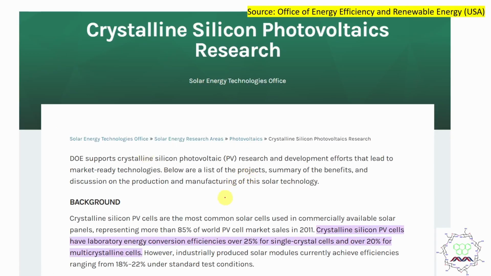Look at the reference: the crystalline silicon photovoltaic cell has laboratory energy conversion efficiency over 25% for single crystalline and over 20% for multicrystalline cells. By the way, these multicrystalline or polycrystalline solar cells we use mainly for our houses because they are relatively cheaper compared to the single crystalline one.